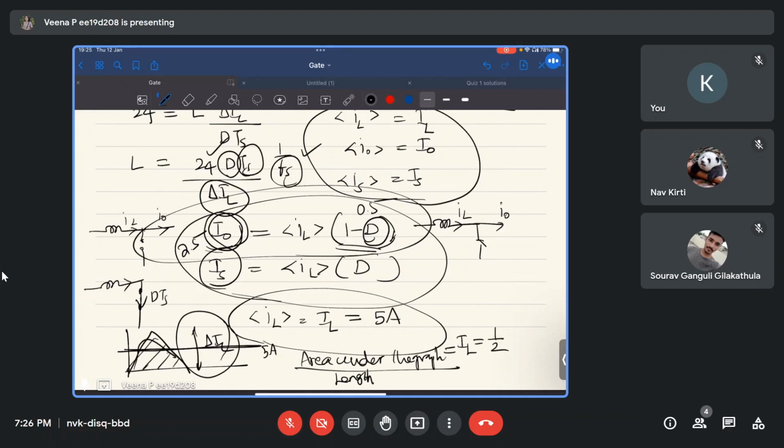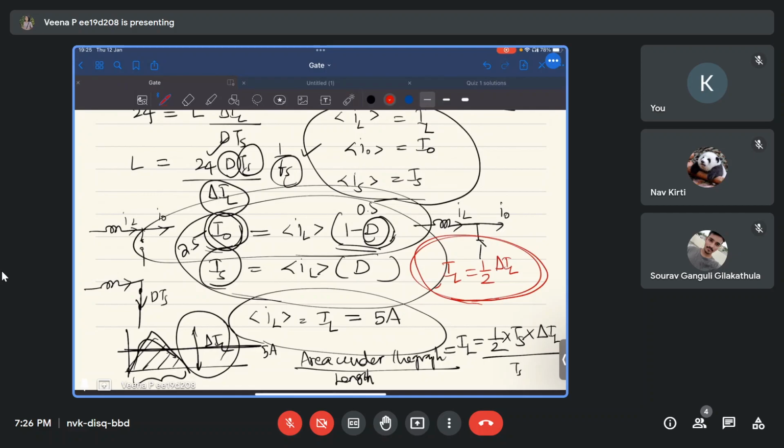This is a triangle, so it is half times base Ts times height delta IL, divided by the length Ts, which means the inductor current IL is half times delta IL. So this is the relation between average inductor current and peak to peak ripple.